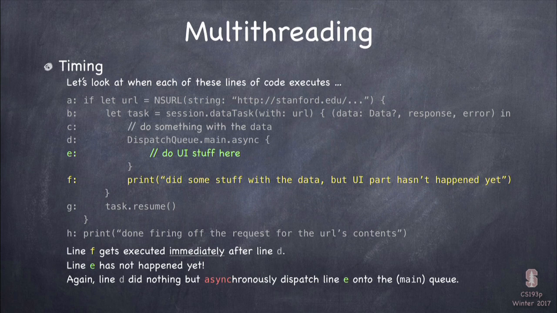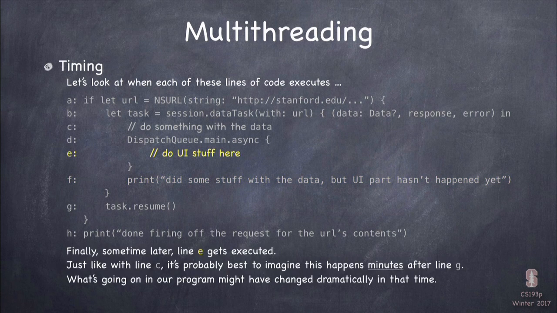Line F executes, and it just says, I did some stuff with the data, but the UI part hasn't happened yet. I put it on the queue, but it hasn't been executed yet by the main queue. And then, finally, the UI stuff gets pulled off the main queue and executed. Does everyone understand that process?